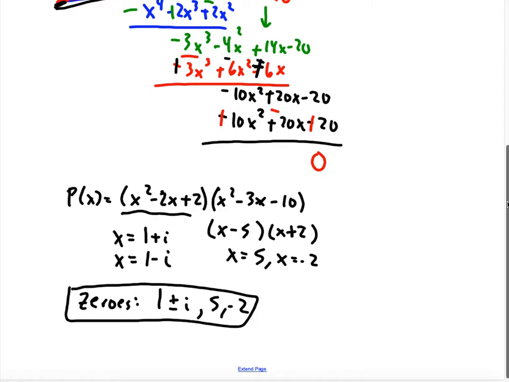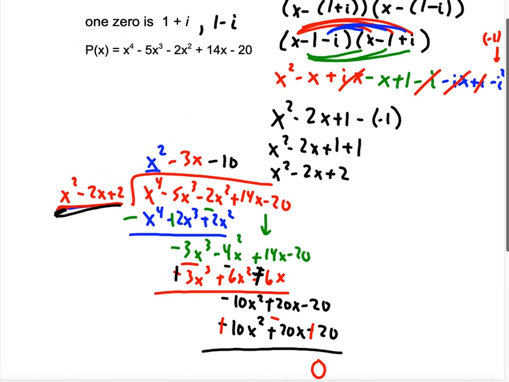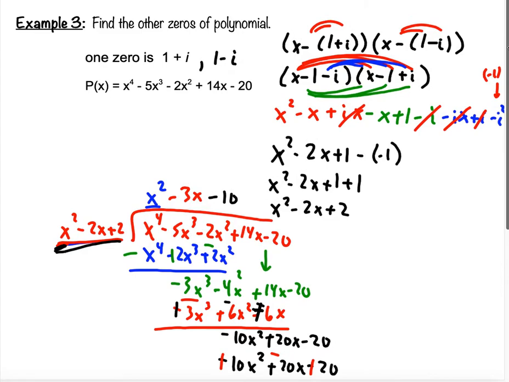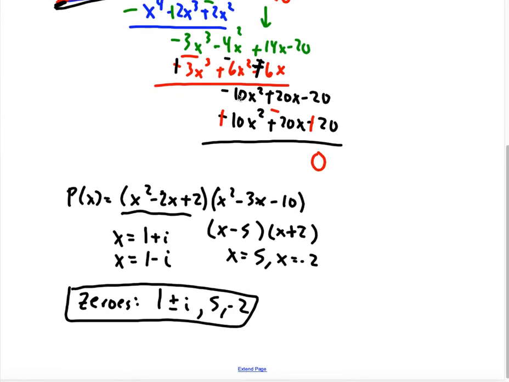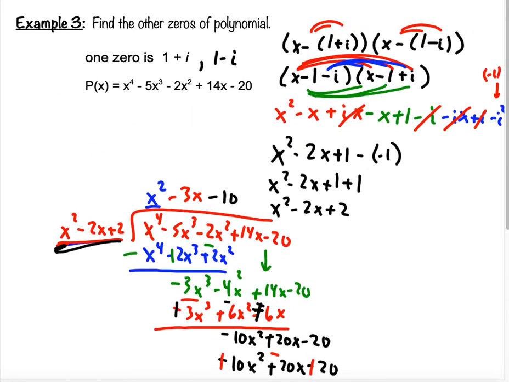So what we could have done up there, instead of doing all this, is some people take this x to the fourth minus 5x to the third minus 2x squared plus 14x minus 20, put that into the graphing calculator, and see if you get any nice integers as your solutions, because if you do, then those are your solutions. So we could have graphed that out and seen that it was 5 and negative 2 as well. It's just another way of doing that.